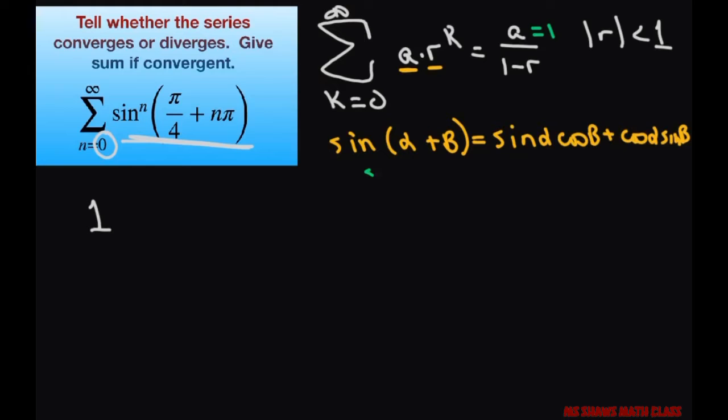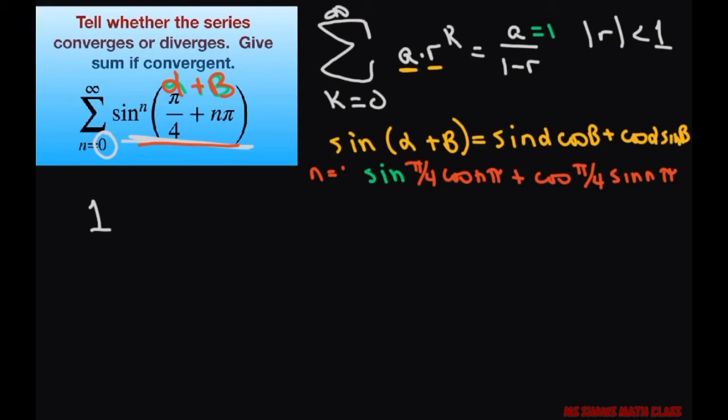Simplifying this, with alpha plus beta, we get sine of pi divided by 4 cosine of n pi plus cosine of pi divided by 4 and sine of n times pi. So that's this expanded. If n equals 0, we got 1. Now we're starting at 1.